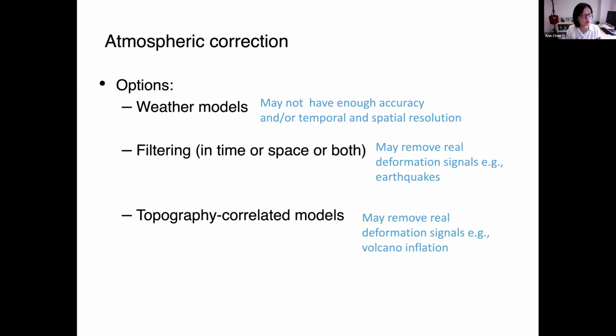And if you don't see much change, you can decide whether they have a substantial impact on your time series analysis. In the case where you don't want to apply the GACOS correction, you find that GACOS predicts a pattern that is not seen in your original interferogram.